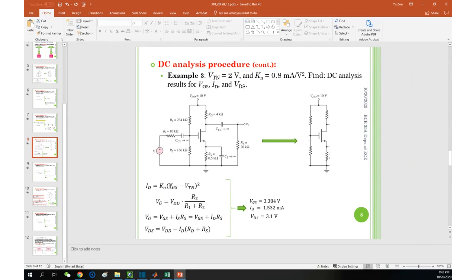For VGS, I got 3.31. How about ID and VDS? I got 3.38 milliamp for ID, and I got 3.9 for VDS.